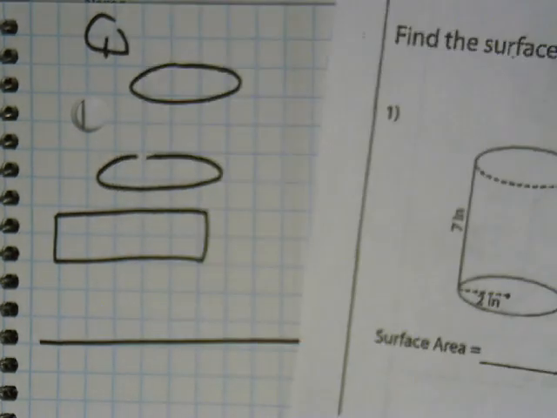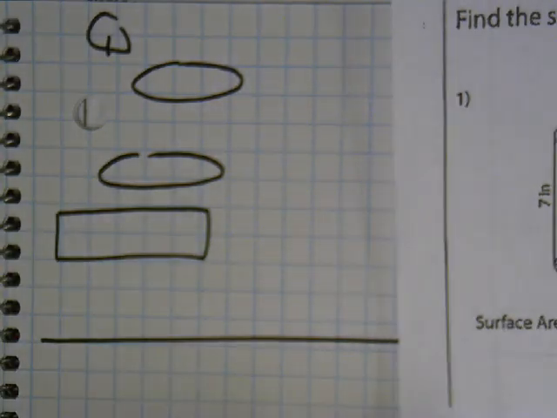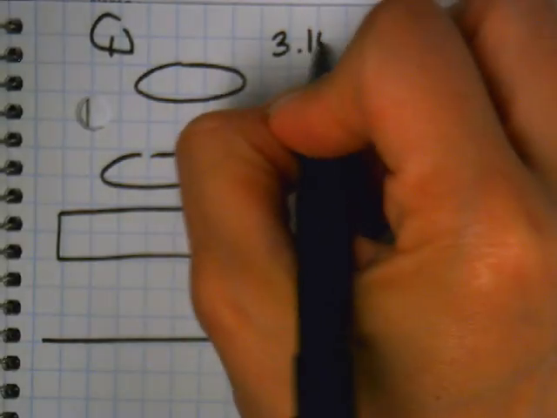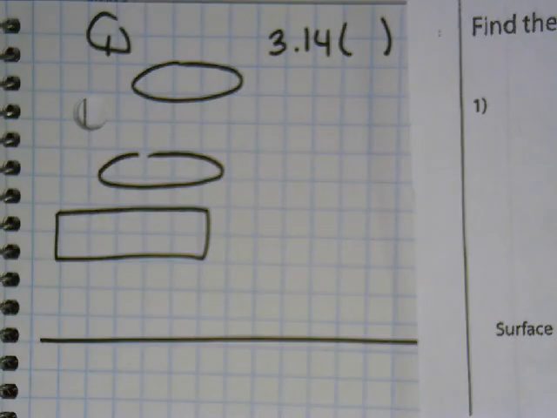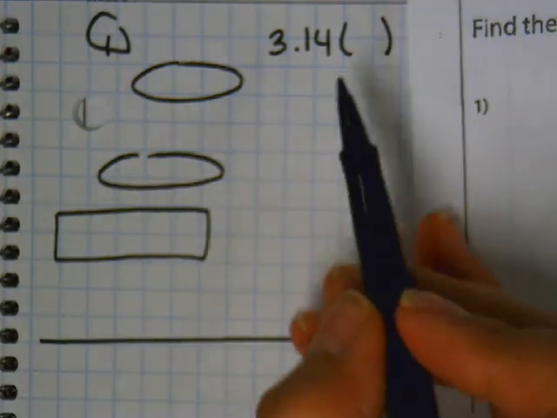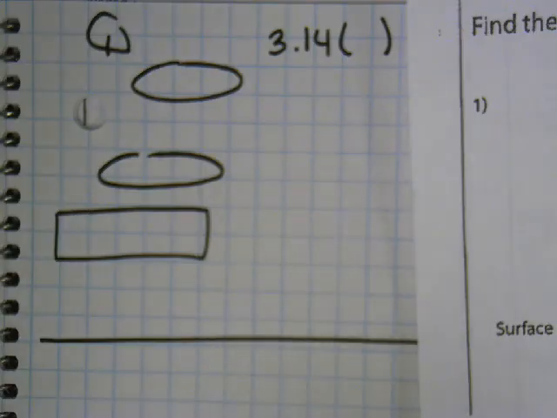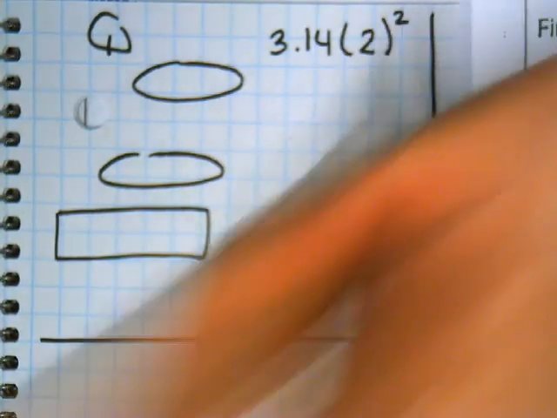Number 1. So how do I find the area? We'll start with the circles, the easy part. How do I find the area of a circle? Andrew, what is the radius? 2. So we're going to do 2 squared.